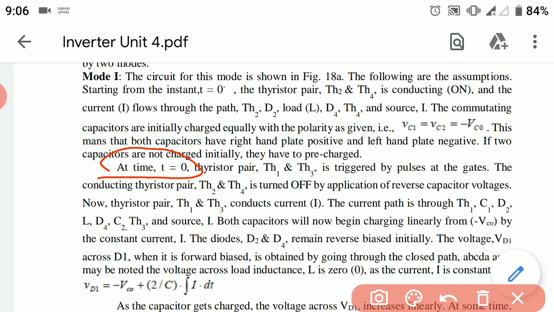As you can see that at this time instant, thyristors TH1 and TH3 are triggered, that is turned on, and thyristors TH2 and TH4 are turned off. In this time interval, the diodes D2 and D4 remain reverse biased initially.